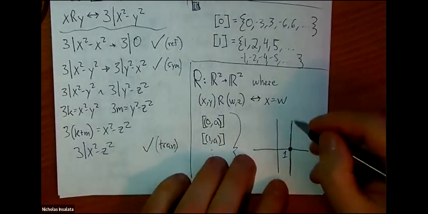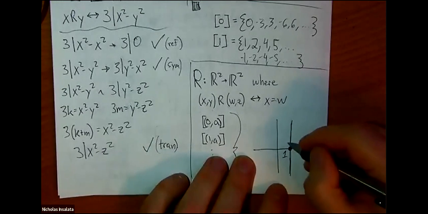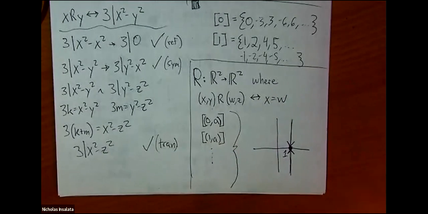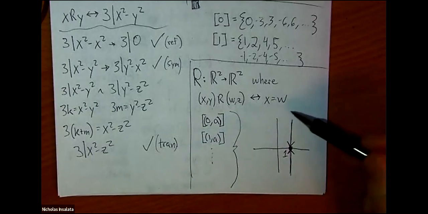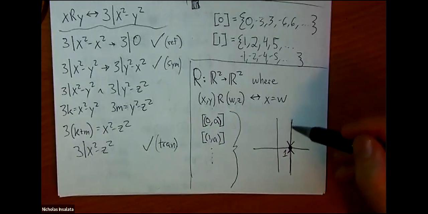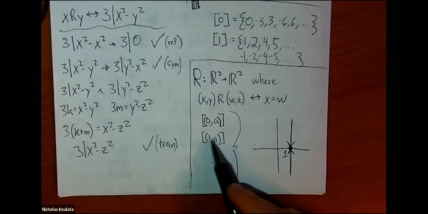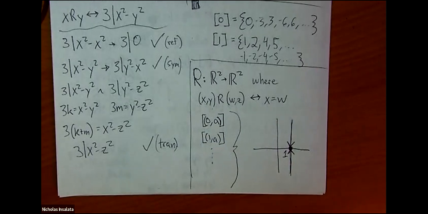And we're taking everything on that line and saying that they're all equivalent to the point 1 comma a, right? So everything on this line is all equivalent to this representative, which is the representative x equals 1 and y is whatever you want, right?